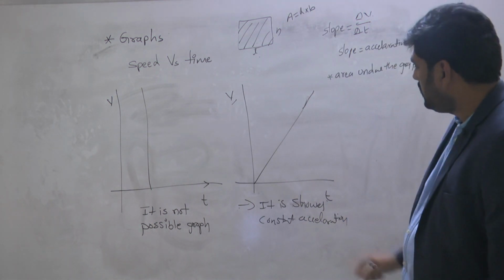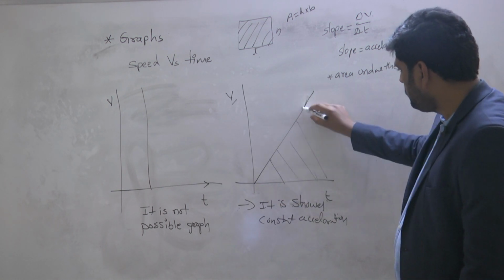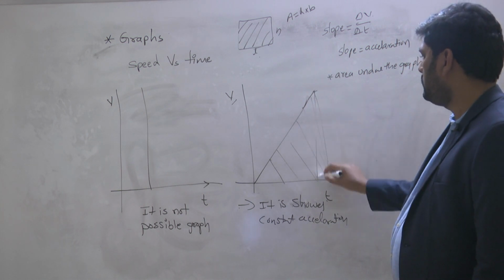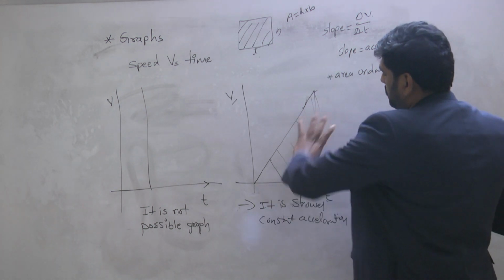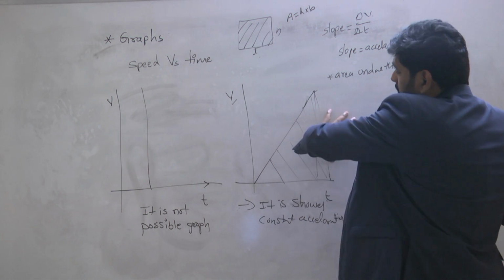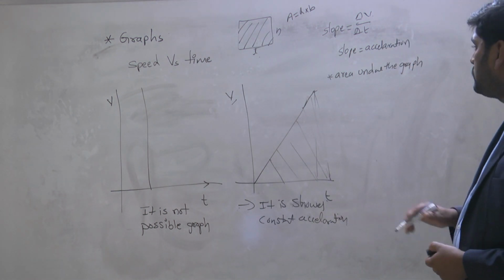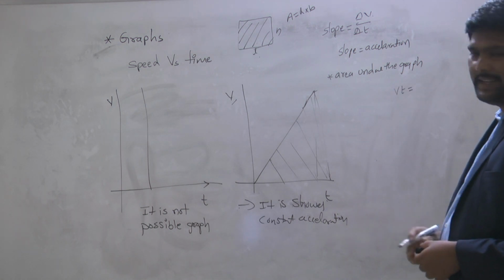For example, if this is the area under the graph, length represents time values, breadth represents speed values. So time into speed. What is meant by time into speed?